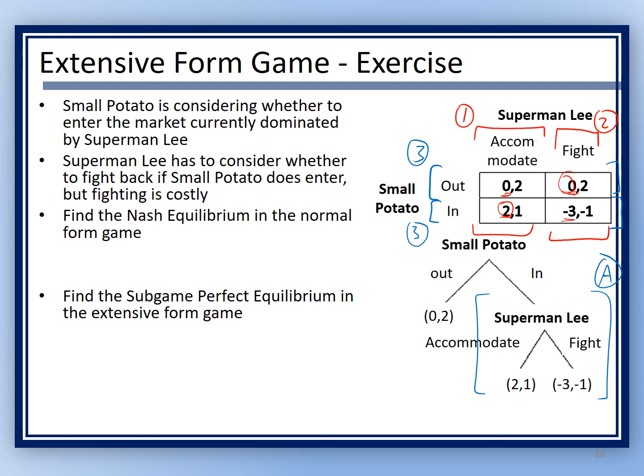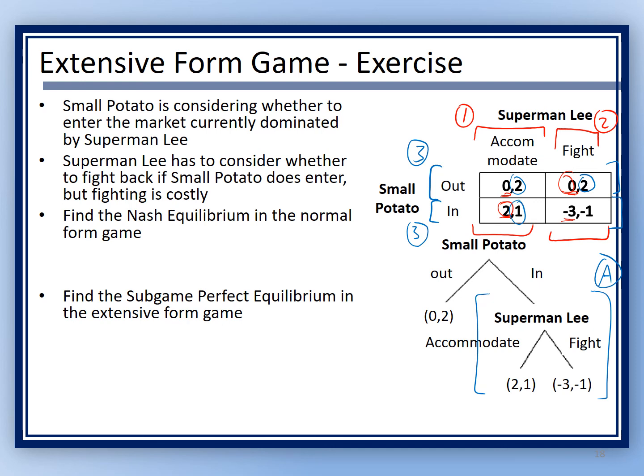If Small Potato decides to stay out, it doesn't matter what Superman Lee does. There is no fight. But if Small Potato comes in, it's costly to actually fight, so Superman Lee would rather accommodate.